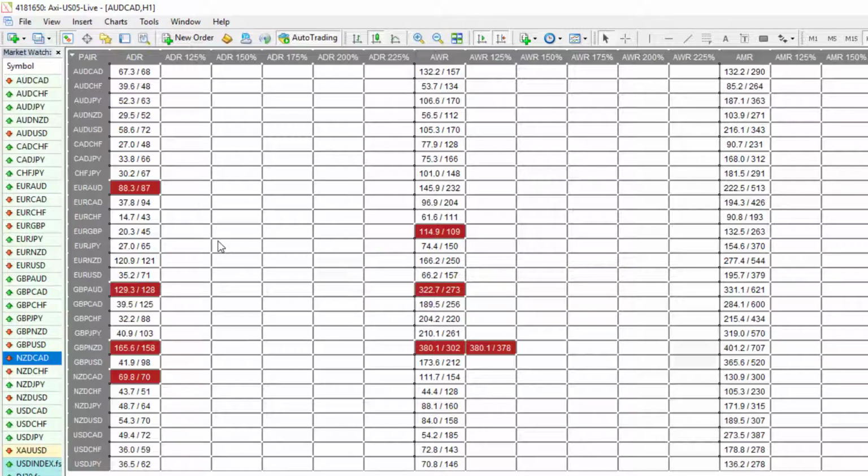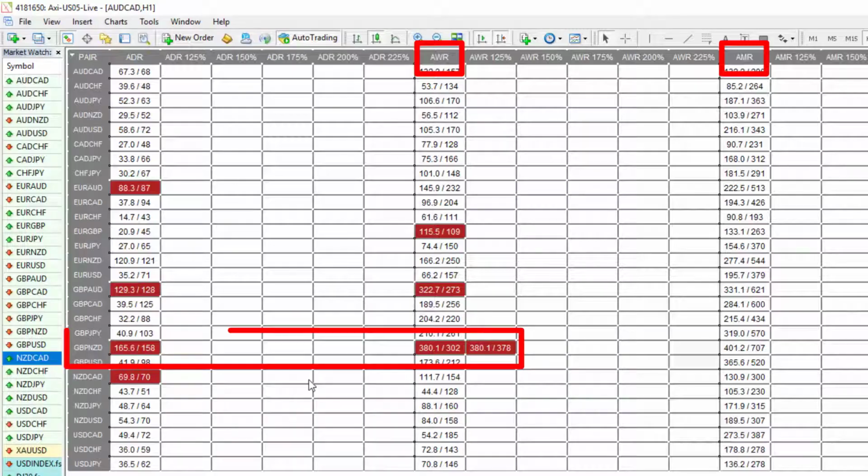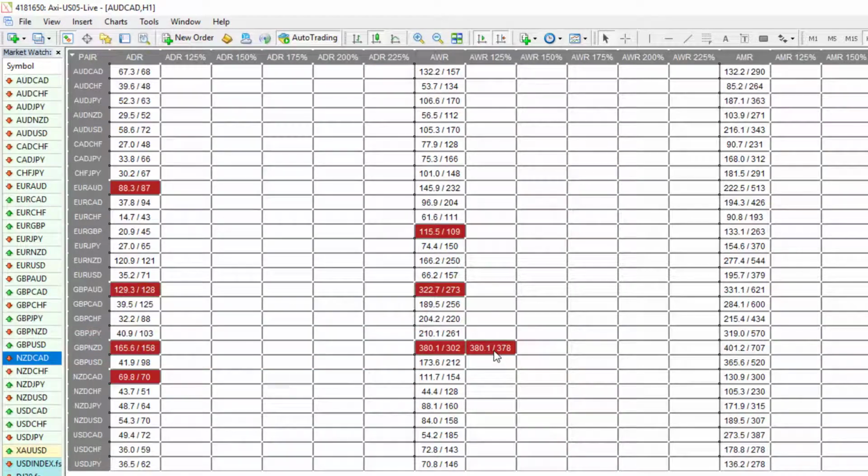The other advantage of the dashboard is it also gives you average weekly range extensions and average monthly range extensions too. So as you can see here, the pound New Zealand has exceeded its average weekly range and also its average daily range. So we can see that this is pushing very hard at the moment, so it's likely to be needing to do a pullback.